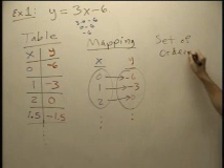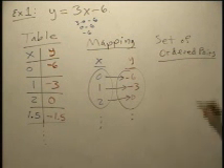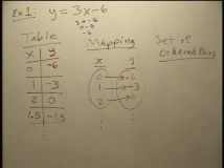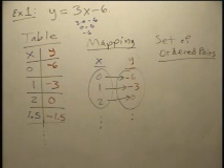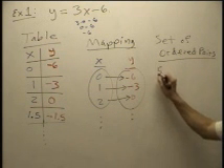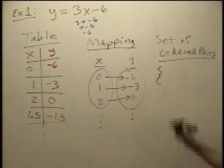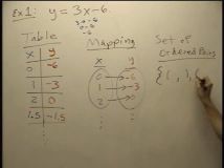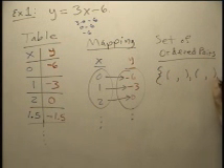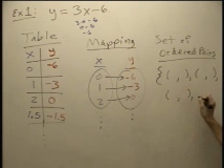Another representation is a set of ordered pairs. And we can see that from the table quite easily. So we have our set braces, and each ordered pair is going to consist of an x value and a y value.